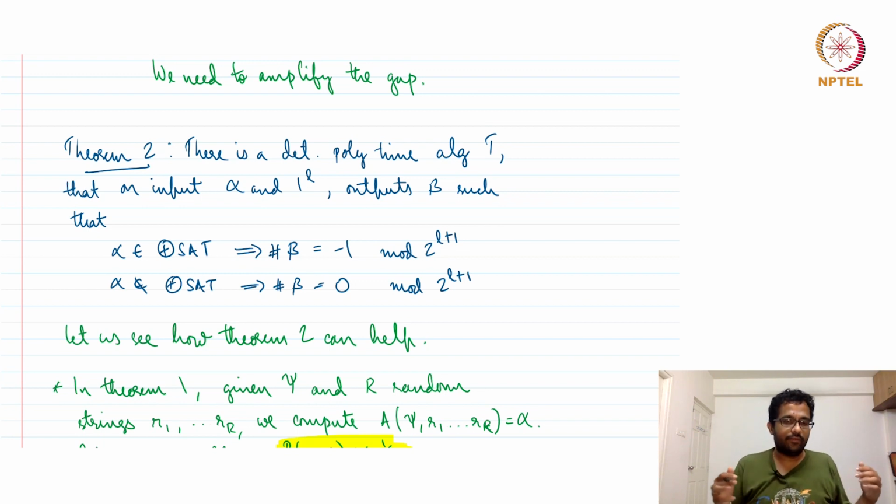After the amplification, the yes instances would result in the total number of satisfying assignments being in a certain range, and the no instances would result in the total number of satisfying assignments being in some other range. So the yes instances and the no instances are separate, from which we could tell whether the original formula, which was a sigma k instance, was a yes instance or a no instance.